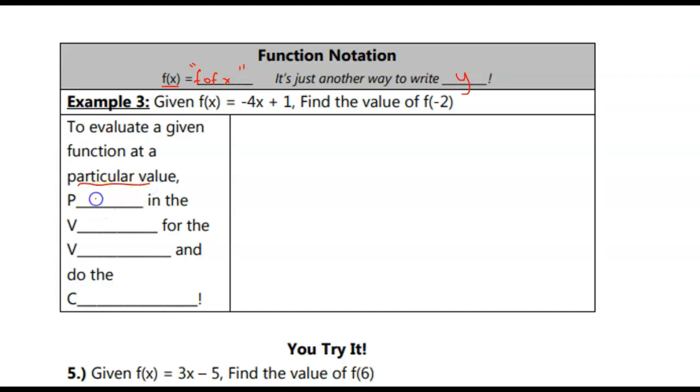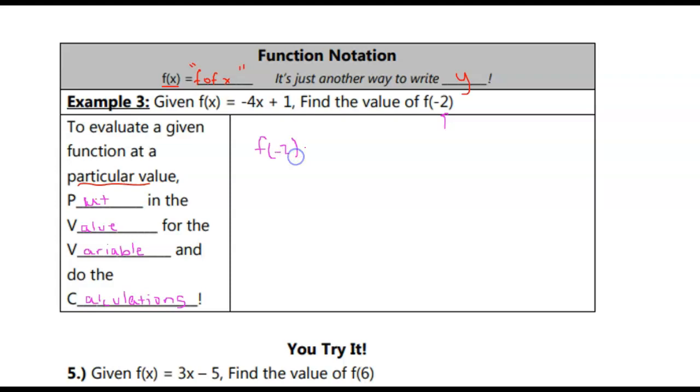We are going to put in the value for the variable and do the calculation. So what that means is we're going to simply put in the value in the parentheses, -2, into this function for the variable and do the calculation. So I'm going to say f of -2.